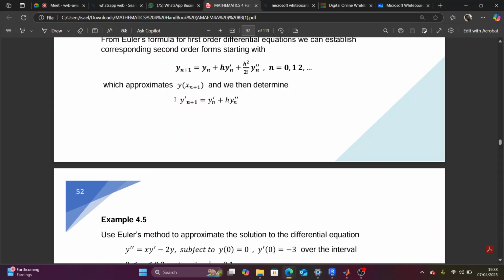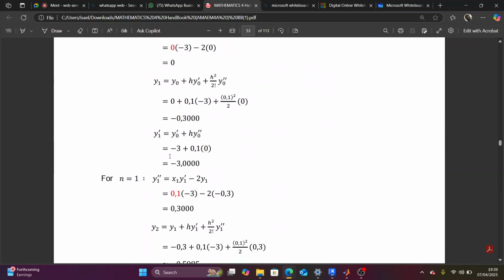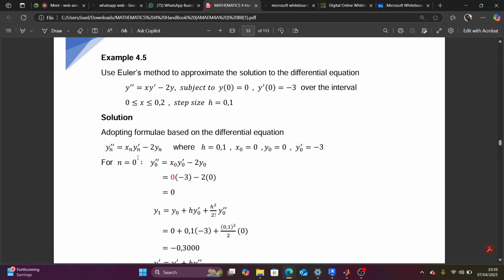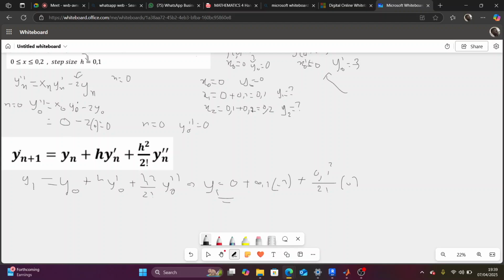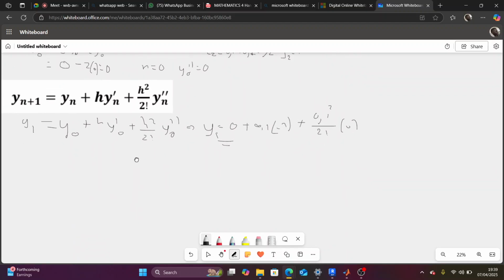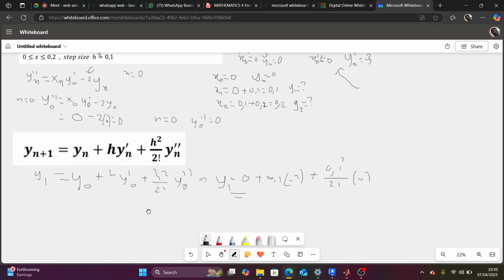Now, look, this is the formula to get y1. This is the formula to get y prime. And what is the formula to get y second? The formula to get y second is simply the original one that we defined. Now, I'm going to repeat the steps.